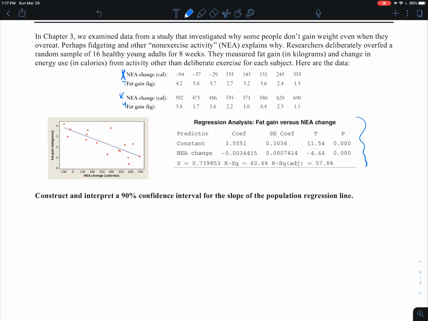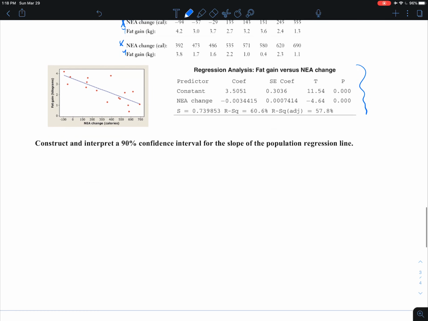And in the last video, we went over what these values were, at least the ones that are applicable for this problem here. So we want to construct and interpret a 90% confidence interval for the slope of the population regression line. That's our goal.